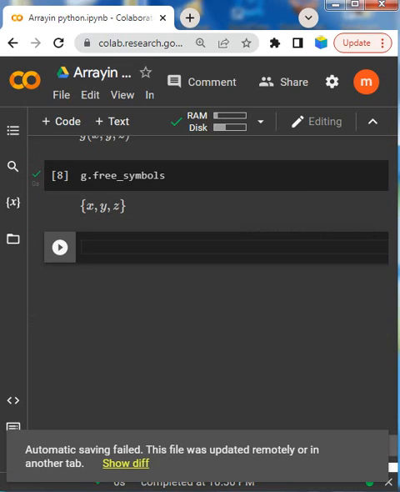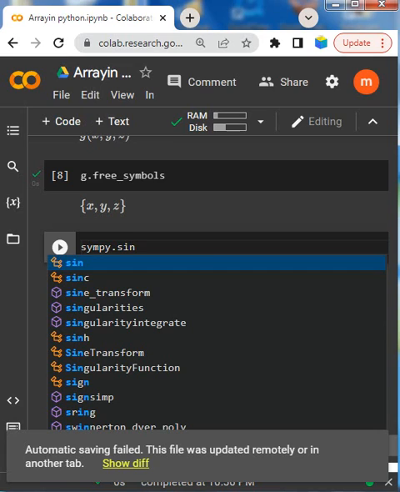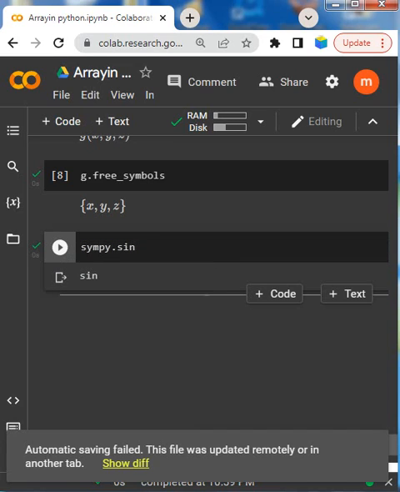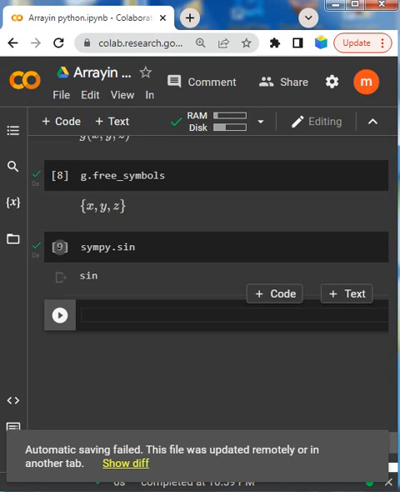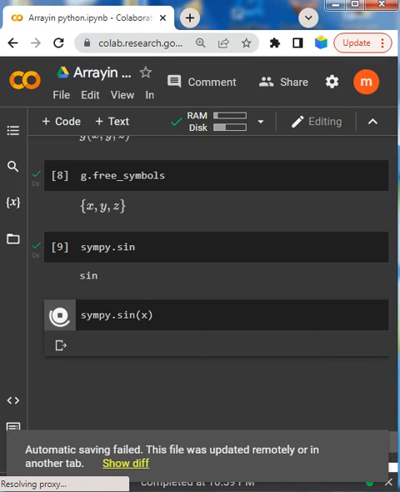If I write sympy.sin(x), we can easily create sin x.